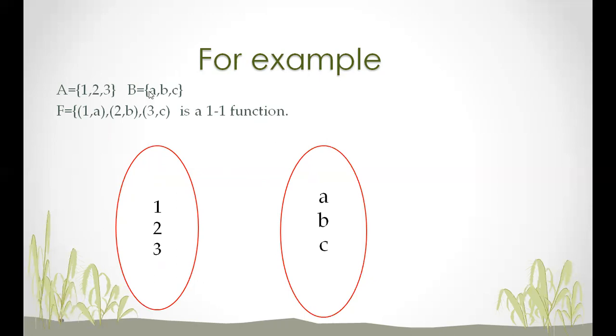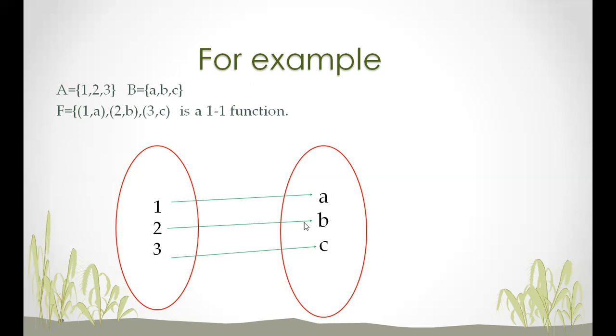Map according to this mapping. 1 is mapped on A, so I map 1 on A. 2 is mapped on B, so I map 2 on B. 3 is mapped on C, so I map 3 on C. Here you see all the elements of the first set are used, no element repeats, and here also there is no repetition, because once A becomes the image of 1 in a one-one function, it definitely does not become the image of other numbers. So A is used, then B is also.